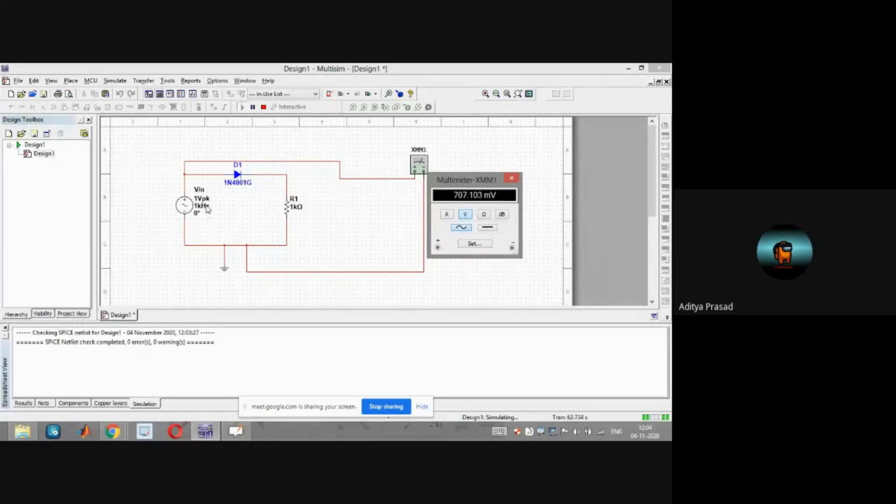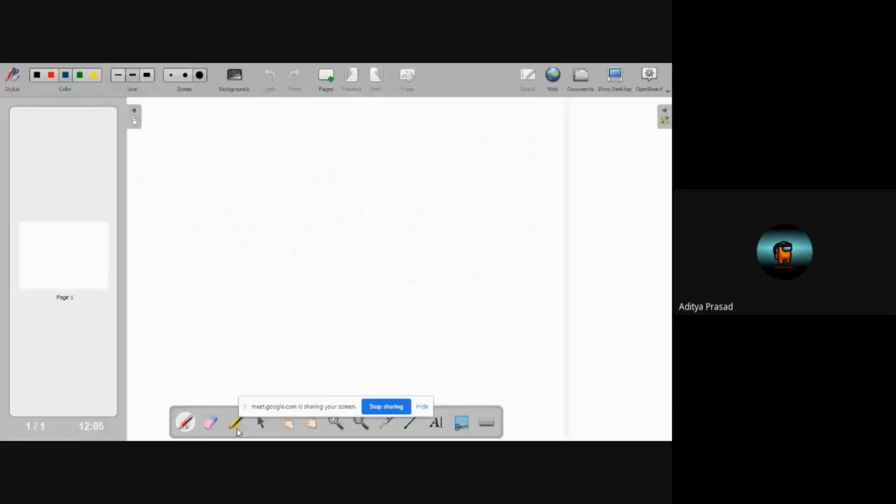Sir, multiplying the peak voltage with 0.707. So listen, if you know V peak, V RMS is simply V peak divided by root 2. In your case, V peak is 1 V peak. So 1 upon root 2.